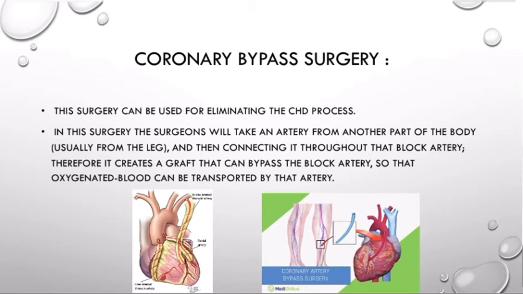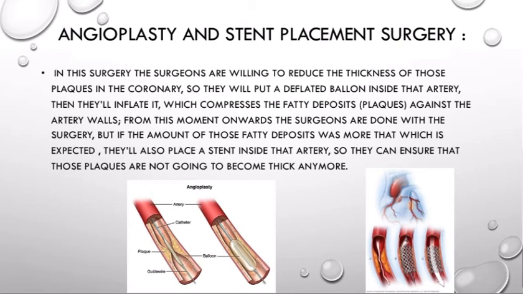They are going to be carried by that specific artery which was taken from the leg. It's really simple. And the second type of surgery is named angioplasty and stent placement surgery.